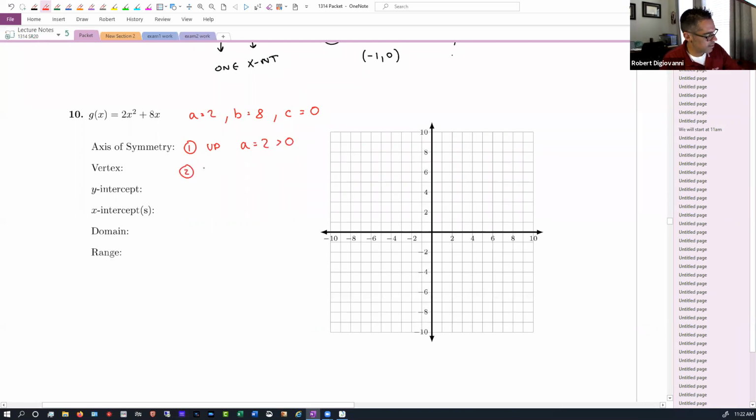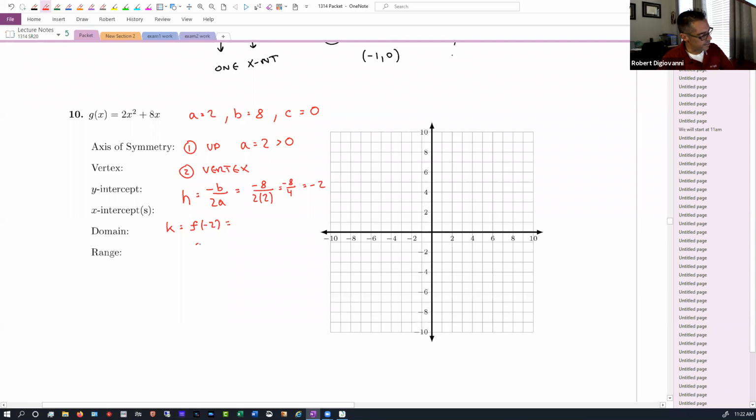The vertex: we find H first by doing -B over 2A, which for us is -8 over 2 times 2. That's -8 over 4, that's -2. Then we find K. Take that answer, -2, and plug it into the function.